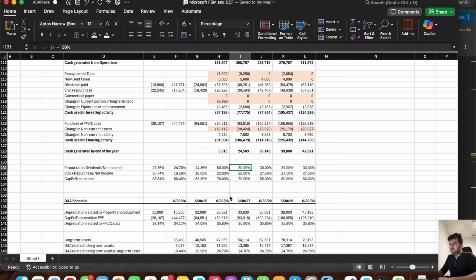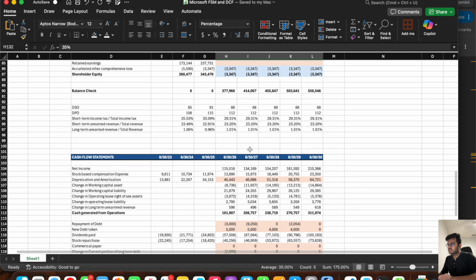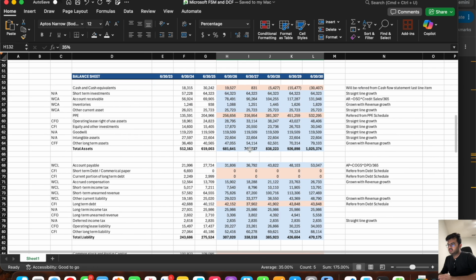So I'm going to increase this number to 50%. That is, they are going to pay 50% of dividend in the next 5 years. Then stock repurchase can be at a 35%. If I do so, I see the number is going negative, which I don't think Microsoft would do.